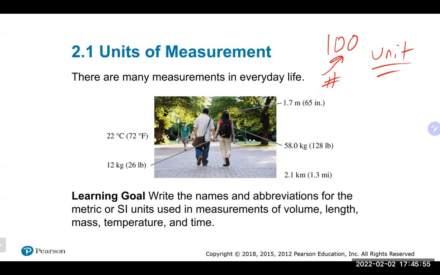So you should always get into the habit in chemistry to include the units when you're taking measurements. Truthfully, for our purposes as well, when you're doing calculations, units are extremely important. They are very often left off by students as they're doing calculations. And they can really be helpful to make sure that you actually do the correct calculation.